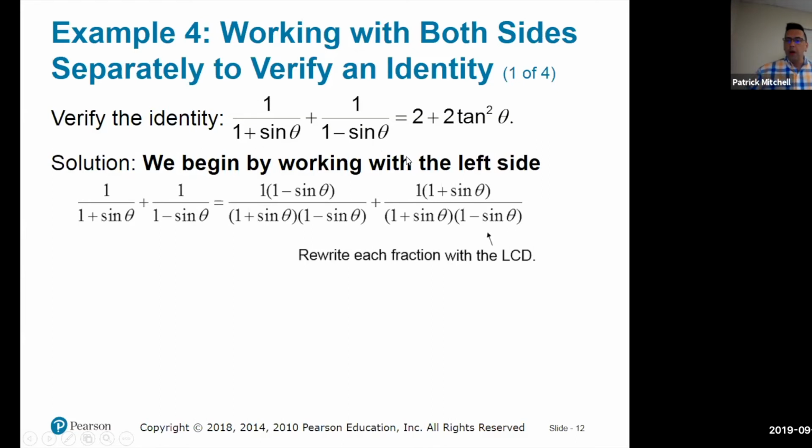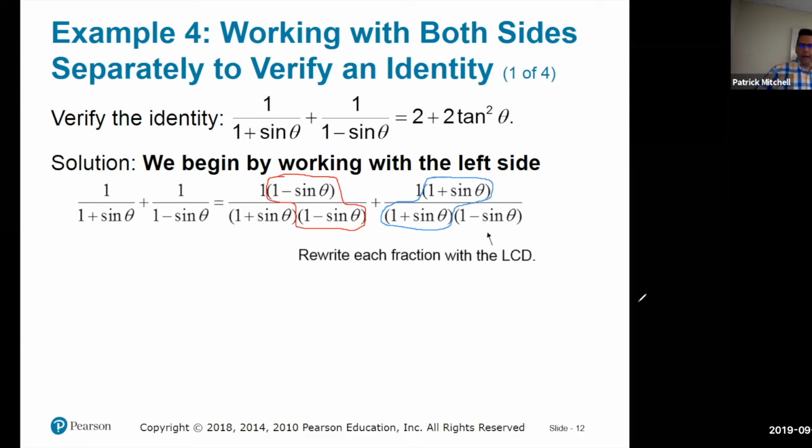So the way that I'm going to make these two things have that denominator is I'm going to multiply the top and the bottom of this one by 1 minus sine theta. So that's what you see here. Multiplying the top and the bottom by 1 minus sine theta. And then multiply the top and the bottom of this one by 1 plus sine theta. And they put these in sort of a weird spot.